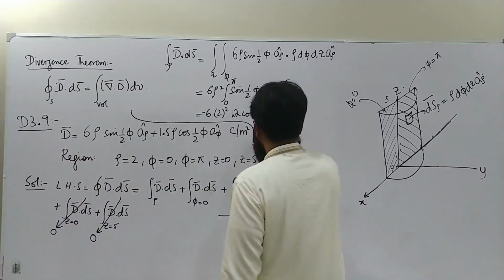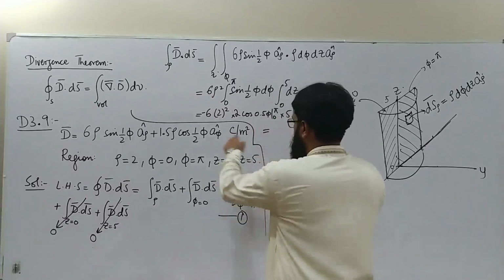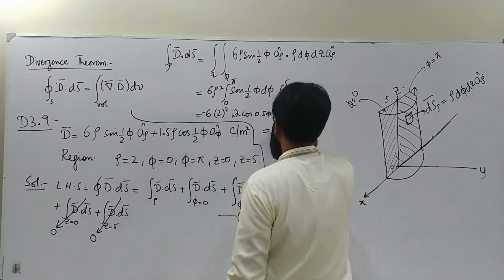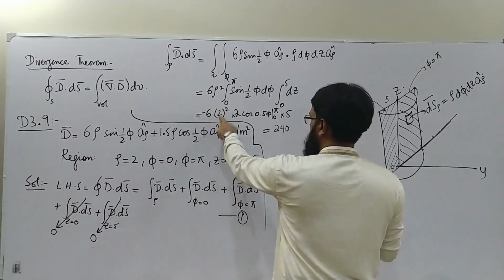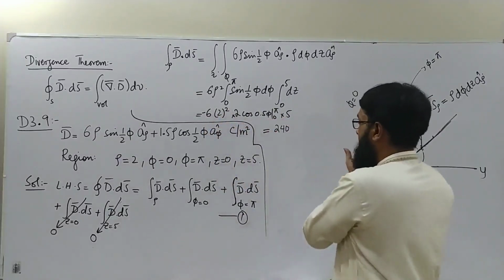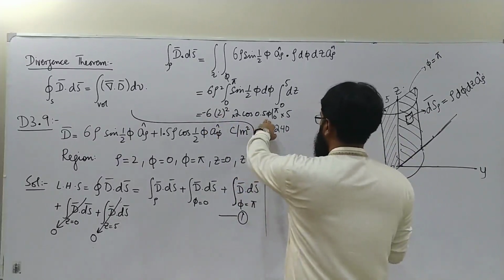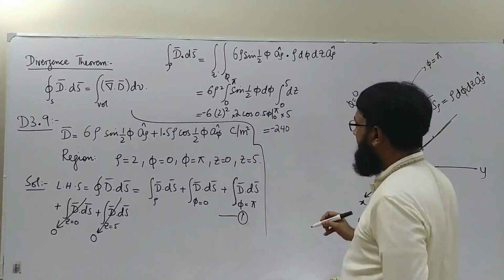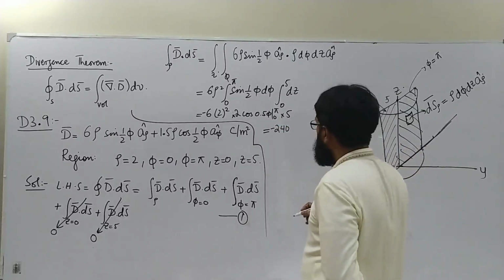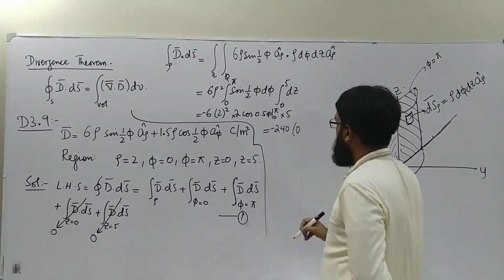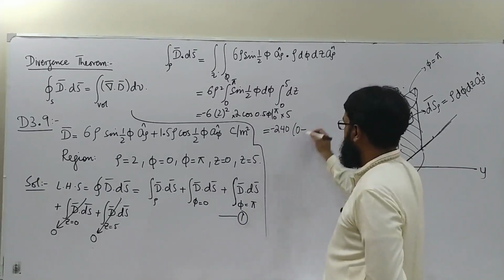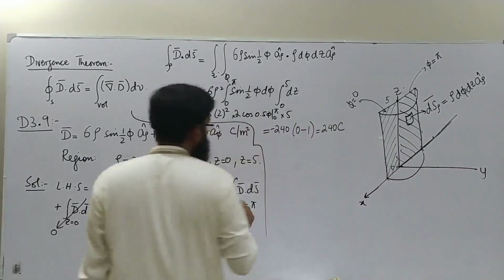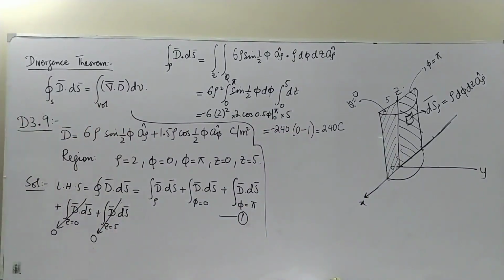So we get 240 times minus cos of pi by 2, which is 0, minus cos of 0 is 1, so plus 240 coulombs. A lot of flux is coming out from here, 240 coulombs of flux.